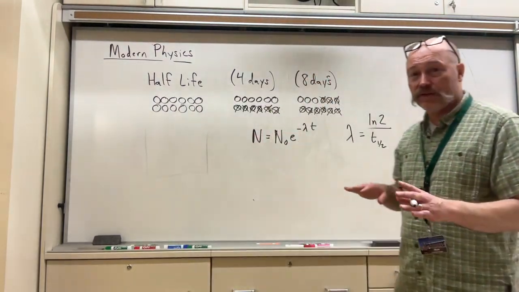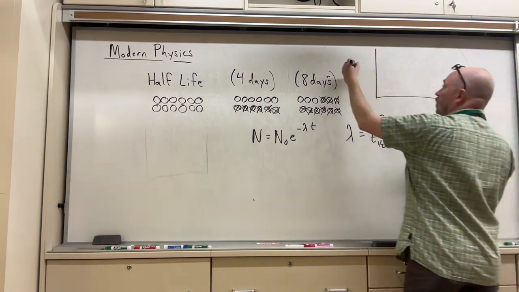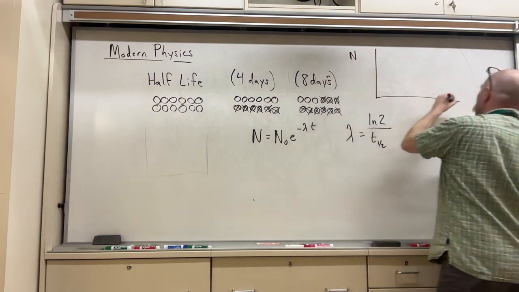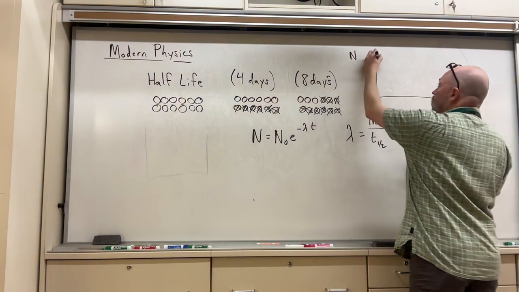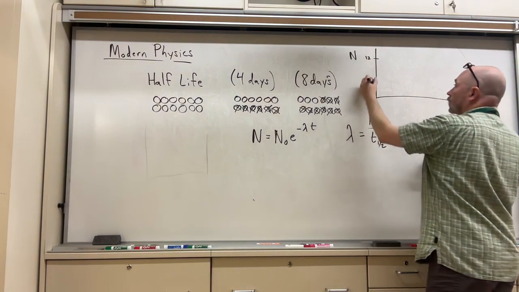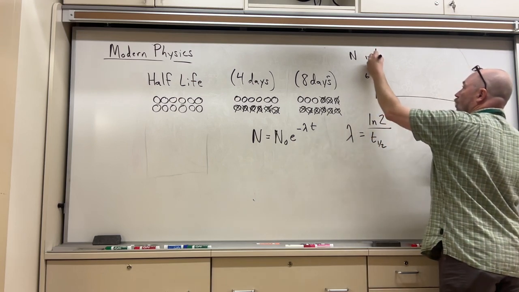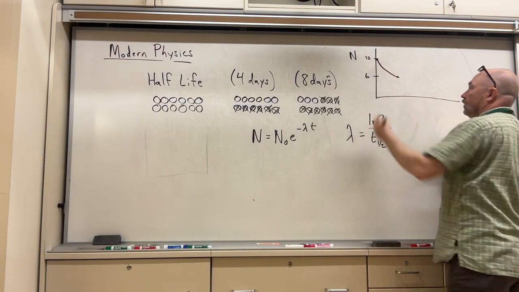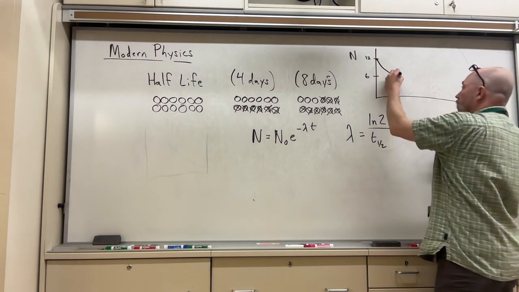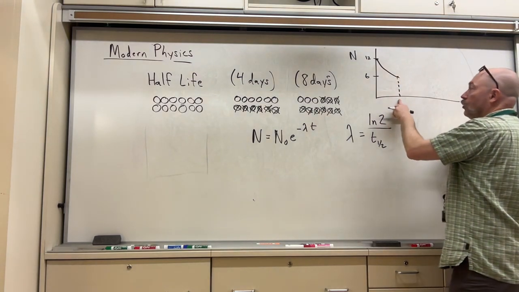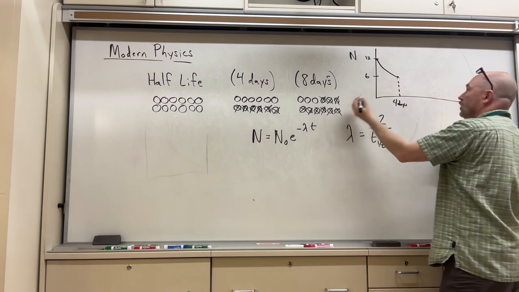Sometimes you'll see this in terms of a graph of the number versus time. So for ours, we started with 12, and then when I got to 6, this time would be my half-life, which for us we said was 4 days.